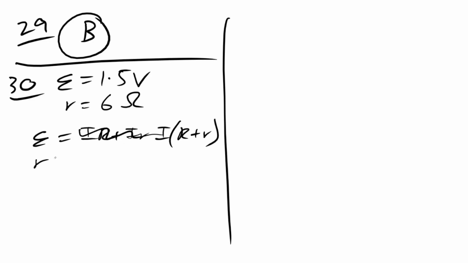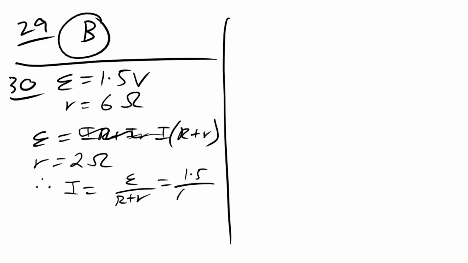Well, there's 3 of them in parallel, so therefore it's going to be thirded, 6 down to 2. Therefore current is equal to EMF divided by the total resistance, 2 resistances there. So that's going to be 1.5 divided by 6 plus 2, and that gives us 0.19 amps. So the answer is A.